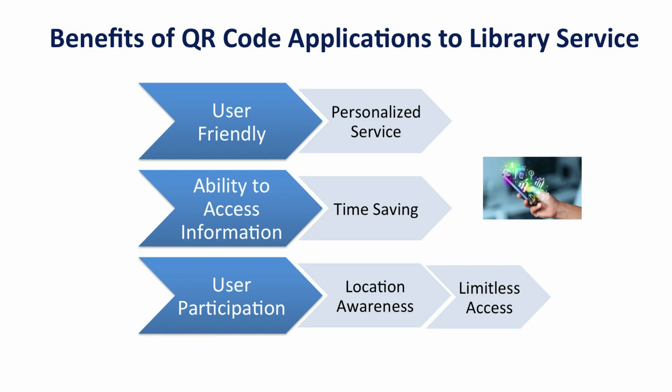You will find a special happiness on the faces of your users if they are receiving it from their mobile phones and it is very user friendly. The second one, because these are created for personalized services also.